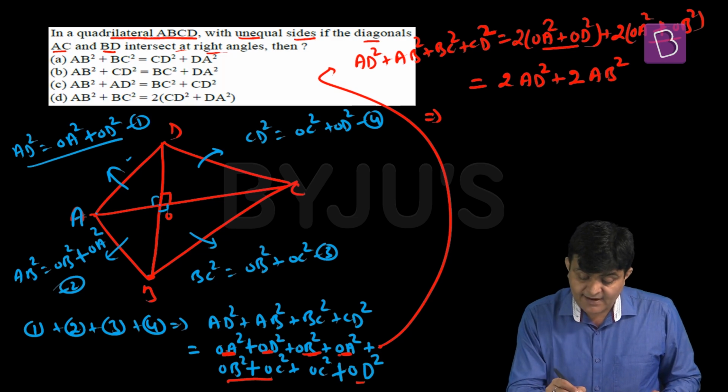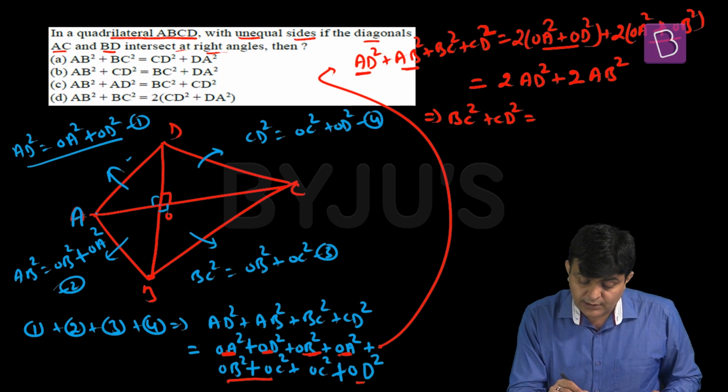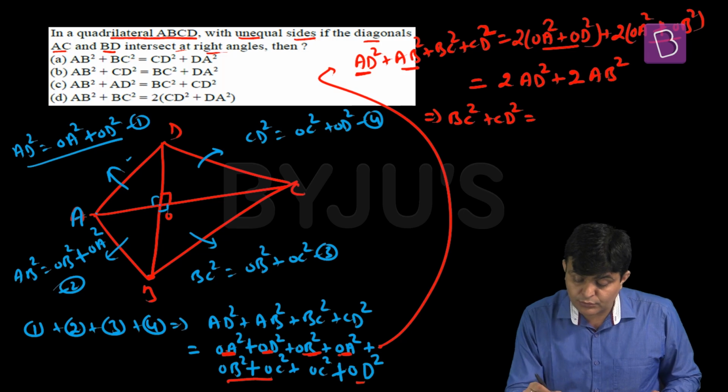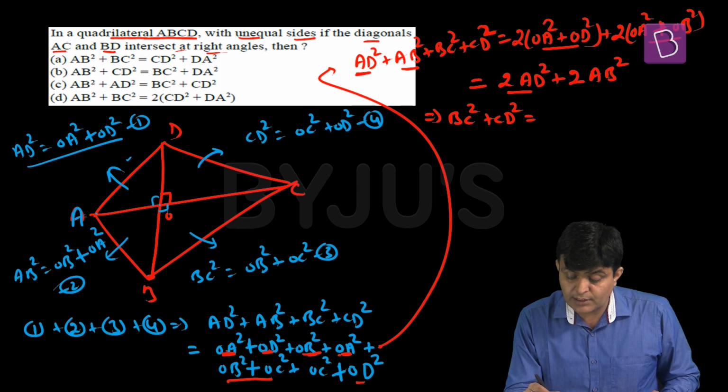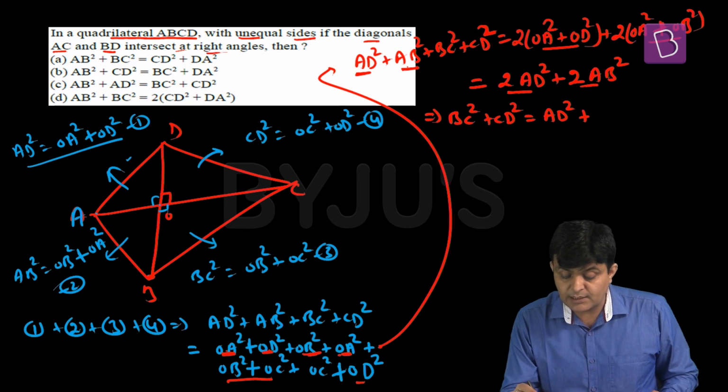This implies, send AD to the right side, send AB to the right side. This becomes BC square plus CD square is equal to twice AD square minus AD square, so single AD square, and twice AB square minus AB square, so single AB square.